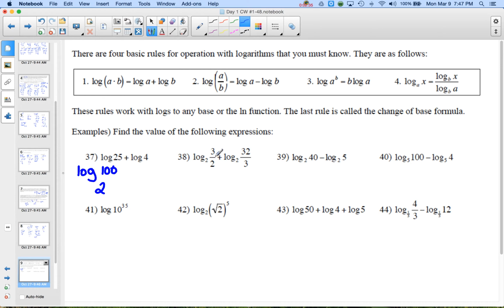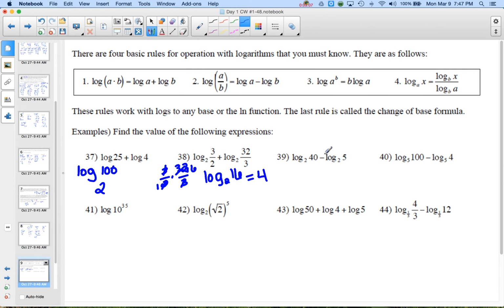If you multiply 3 halves times 32 over 3, the 3's cancel, and here I have a 1 and here I have a 16. So this becomes log base 2 of 16. Now I can think of this as 2 raised to what power is 16? Well, 2 to the 4th power is 16, so that's my answer.